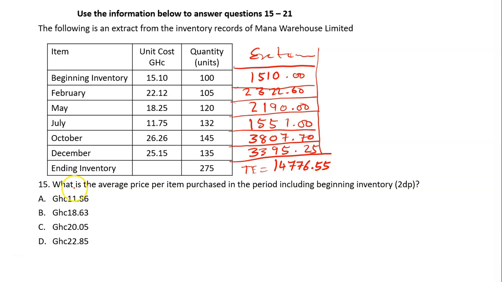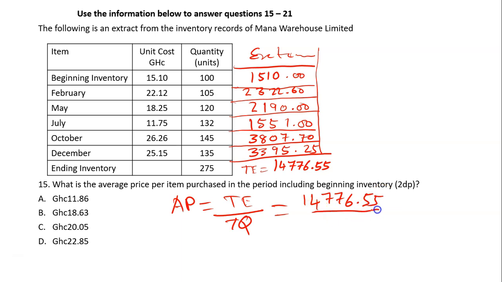This question wants us to find the average price. Now, to get the average price, average price should be equal to total extension divided by total quantity. Okay, so what's the total extension? 14,776.55. And what is the total quantity?